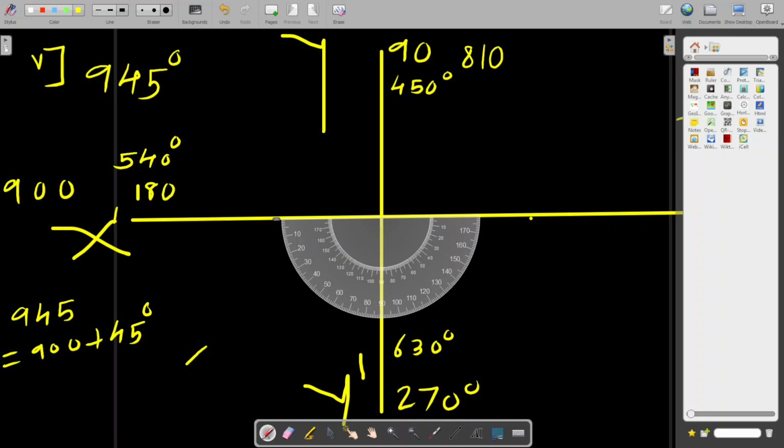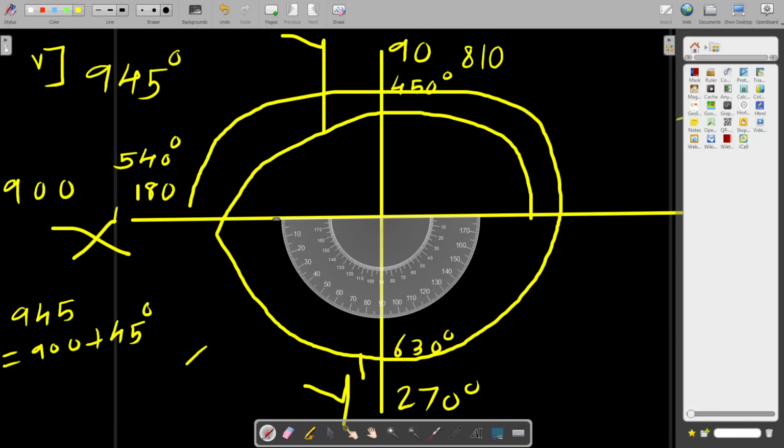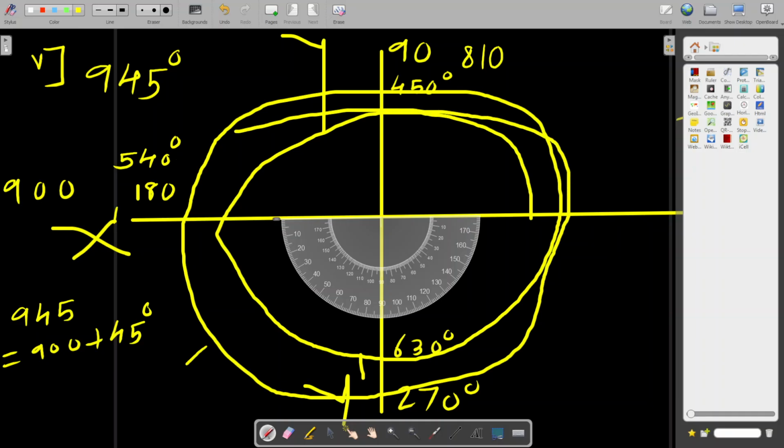Just see, this is your first quadrant, 0 to 90, 90 to 180, 180 to 270, 270 then 360, 450, 540, 630, 720, 810 and 900.